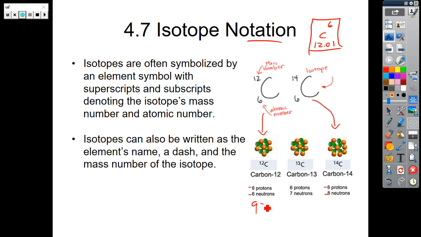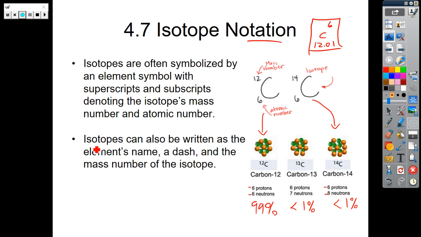More than 99% of carbon is carbon 12, and less than 1% is carbon 13 and carbon 14. So when you average these together, there's a whole lot more carbon 12 in the average, and so that makes the average much closer to 12. Carbon 13 and carbon 14 are more rare.